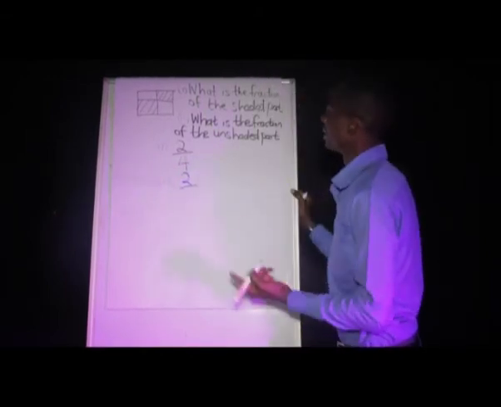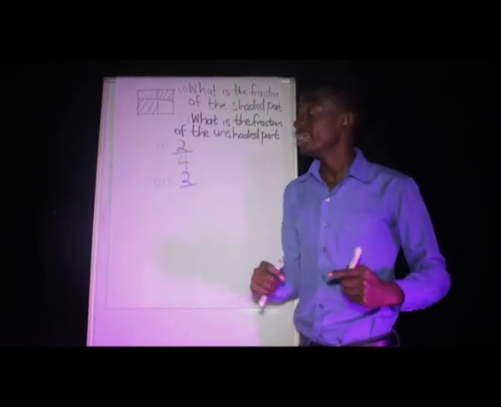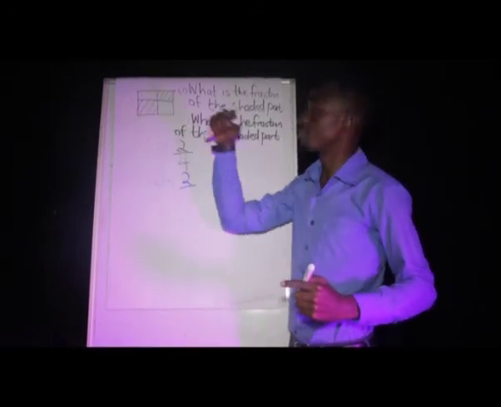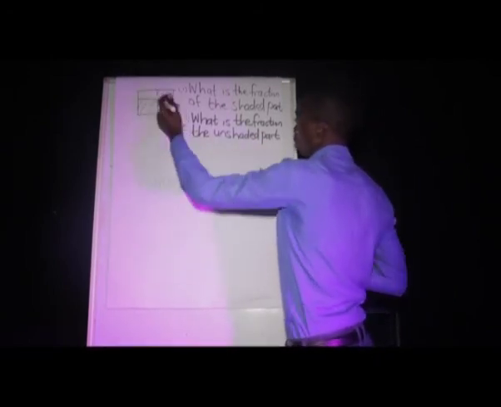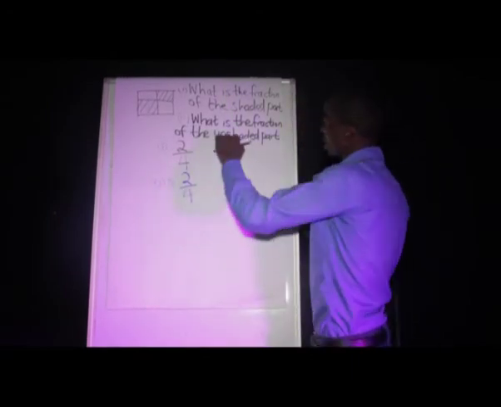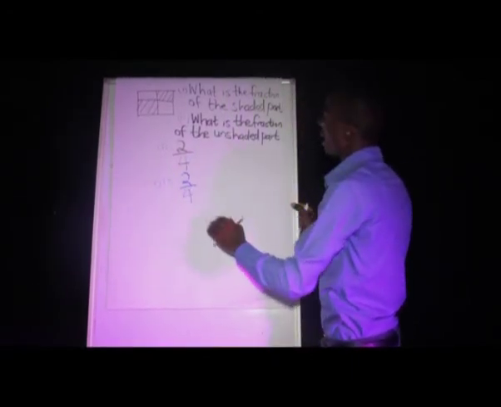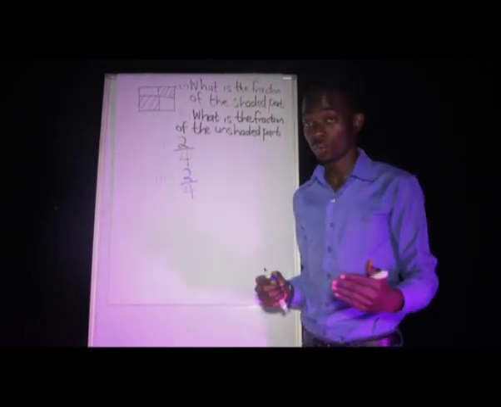Divide by, the denominator is still going to be the total number of boxes into which this thing has been divided. So the total number of squares you have 1, 2, 3, and 4. So 4 becomes my denominator. So my fraction of the unshaded part is 2 out of 4. My fraction of the shaded part is also 2 out of 4.